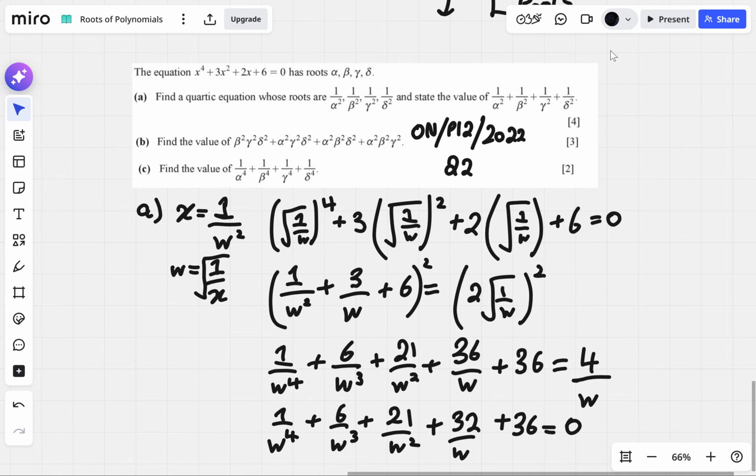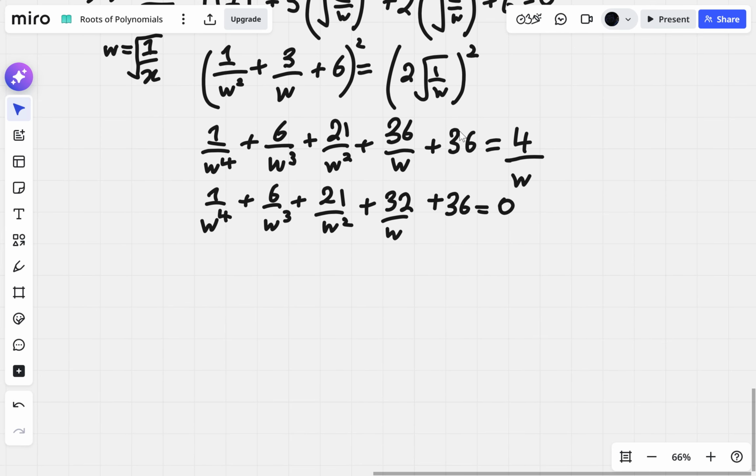That is equal to 0. Let me scroll down a bit. Okay, and now we can take the common denominator, which would be w to the power 4, the lowest common denominator, and then we can make it into the equation.